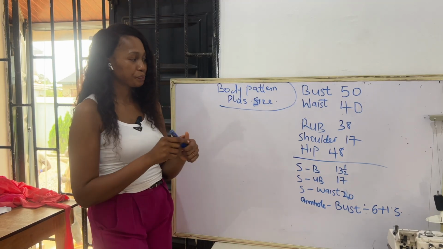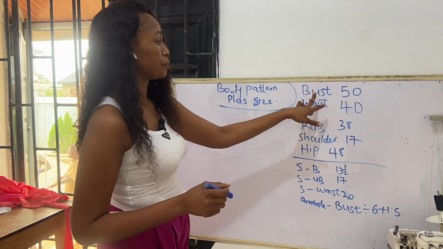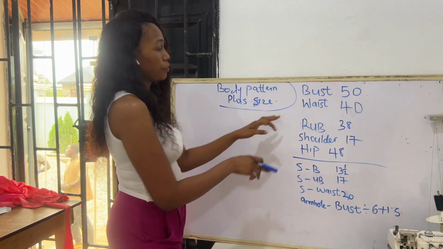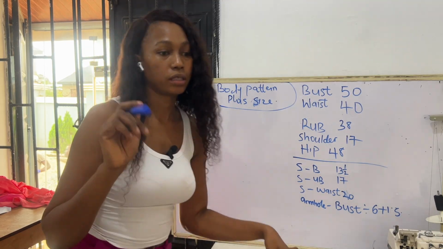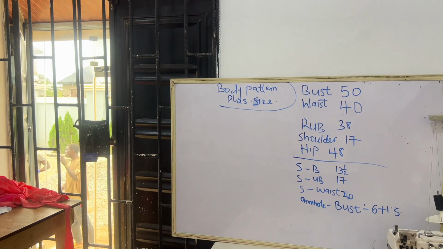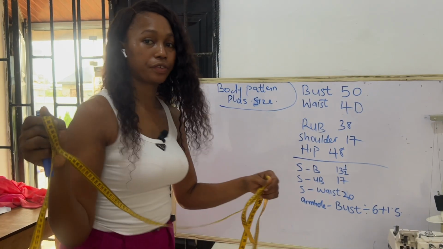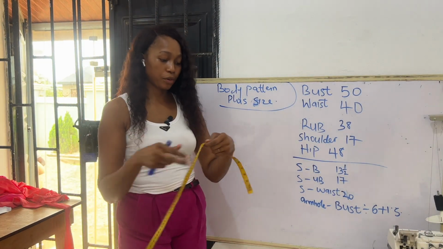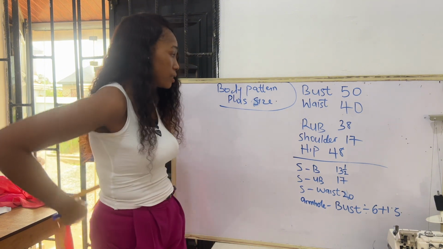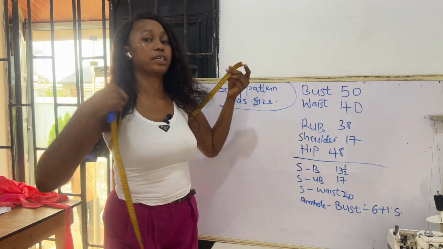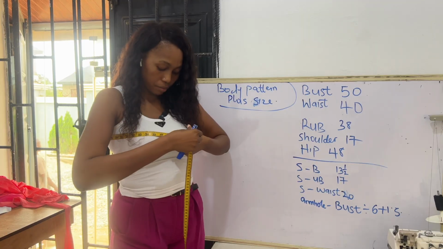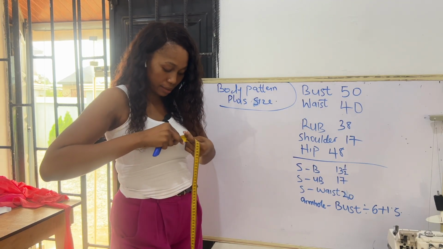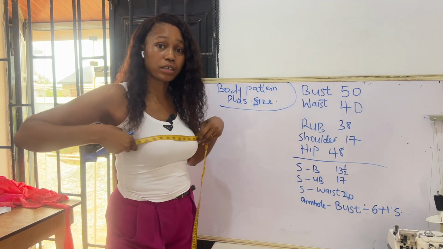So right now, when we talk about circumferences, for example, if you want to take your bust measurement, these are circumferences round the bust part. You're going to take it round the bust part.